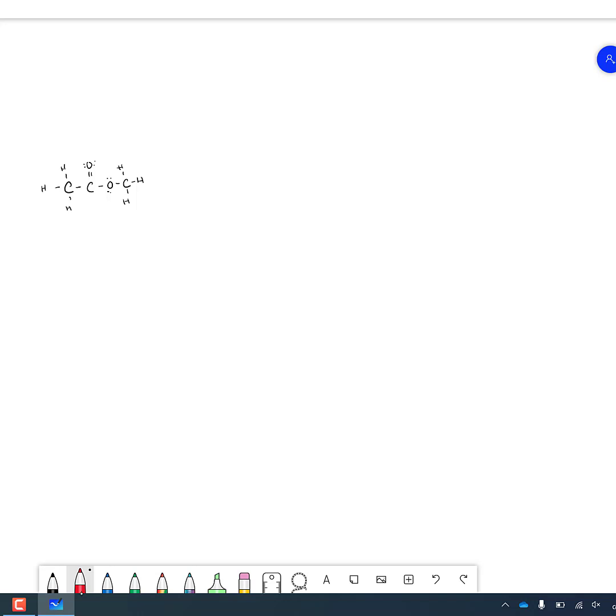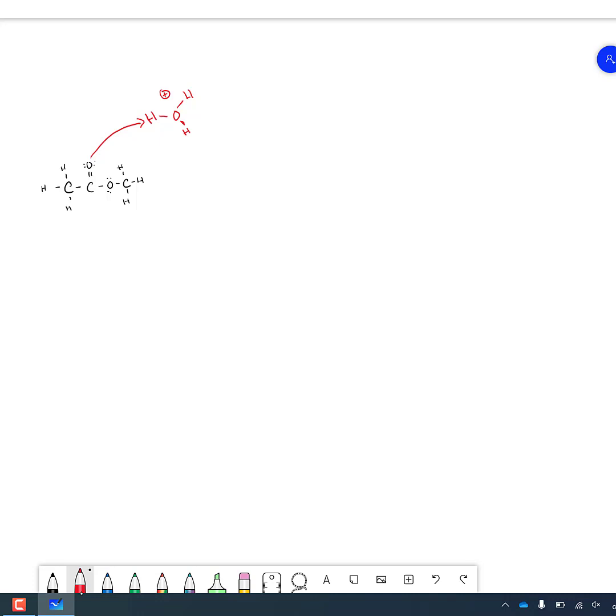I'm just going to use a hydronium ion. You could use hydrochloric acid, it really doesn't matter. Anything that's going to donate H plus really will work. And so what we'll see is that our carbonyl oxygen is going to attack a hydrogen from our acid.